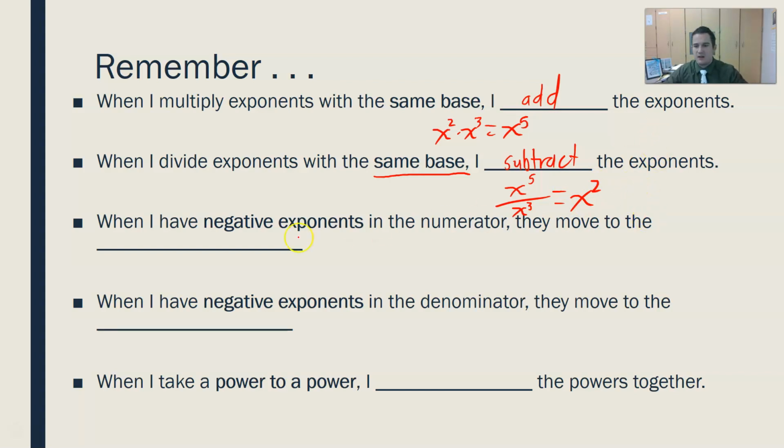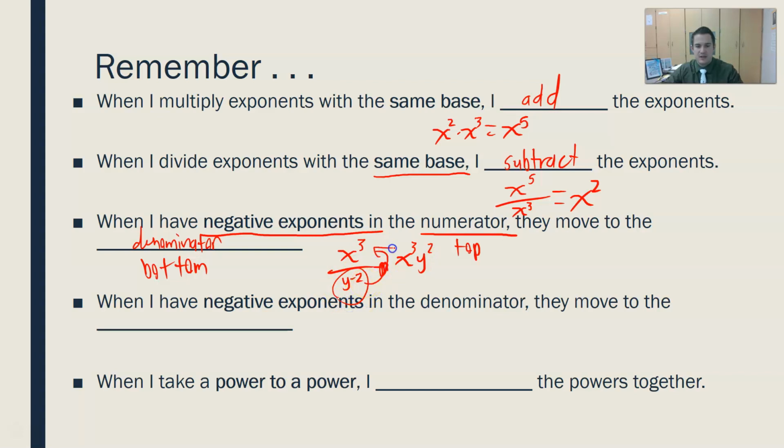When I have negative exponents in the numerator, or the top of a fraction, they move to the denominator, or the bottom of a fraction. If I have x cubed over y to the negative 2, that becomes x cubed times y to the positive 2. This negative exponent flips the line and changes the sign to a positive.